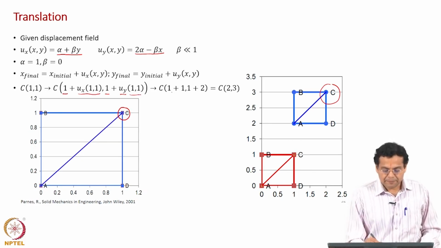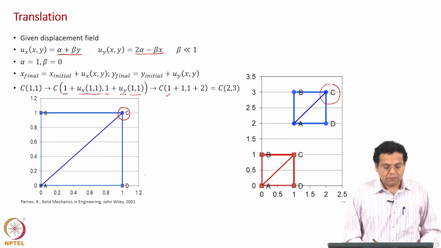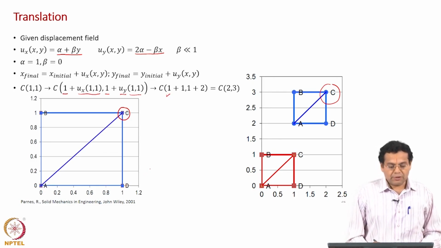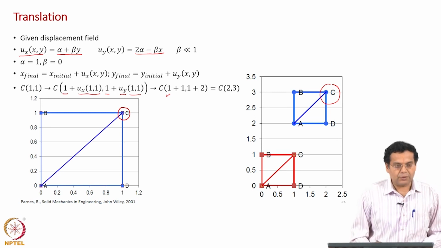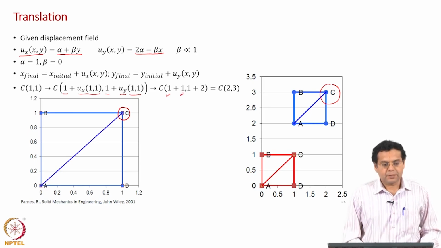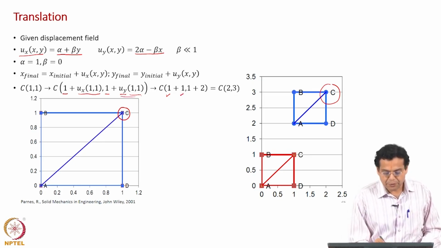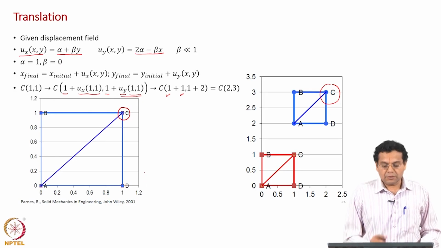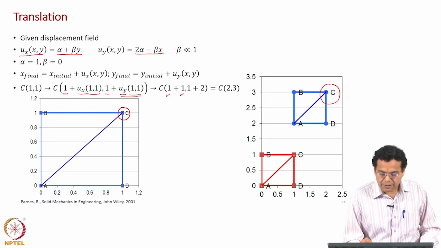So, if you do that, what is the displacement? You have to evaluate this u x at 1 comma 1. Beta is anyway 0, just a constant alpha which is 1. So, that is why it is 1 here. Now, let us evaluate this term u y at 1 comma 1, once again beta is 0. So, it is just 2 alpha, alpha equal to 1. So, you get 2 here.